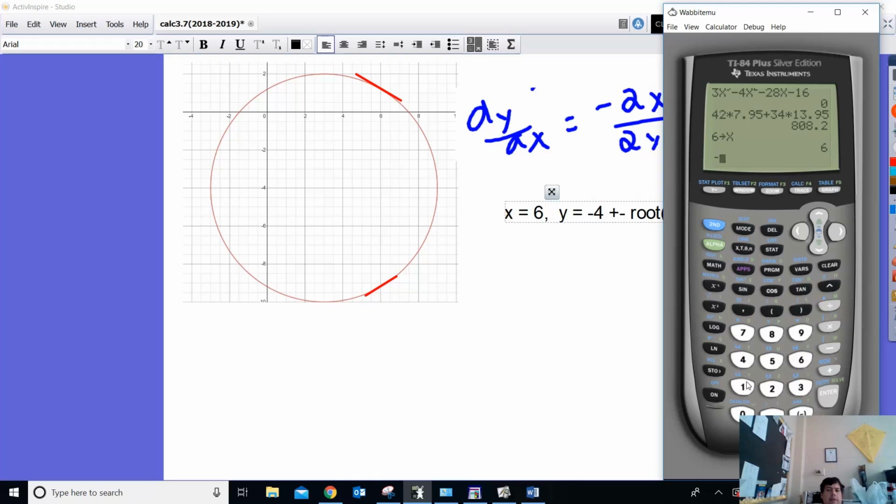Then I'm going to take negative 4 plus root 27 and store it to y. You actually have the alphanumeric y on your keypad. You just hit alpha and then y.